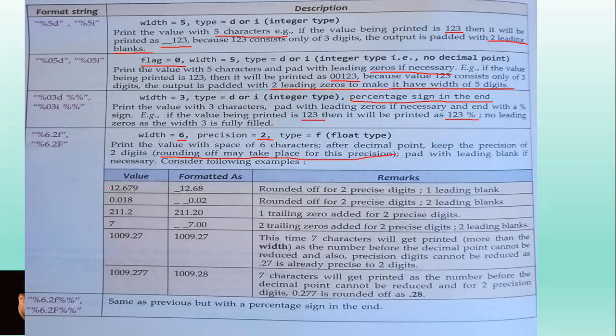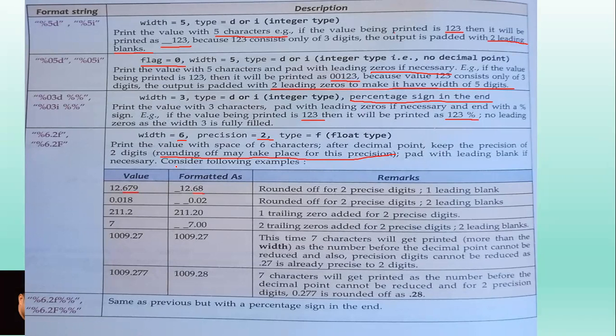If you give the value 12.679, so hardly 10 minutes left, I will not discuss all these examples. Let us see a few examples. 12.679, if you round it off to 2 decimal places, it will be 12.68.